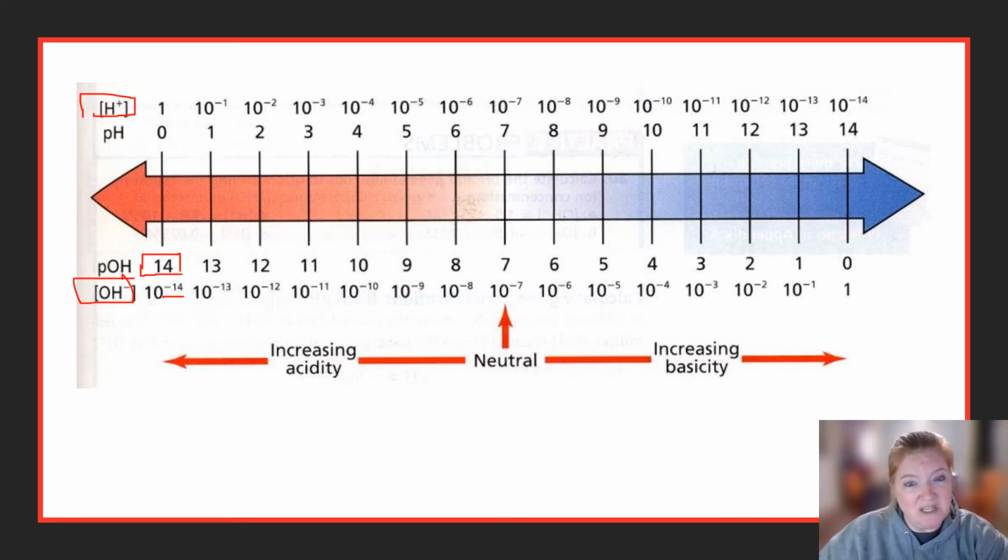All that changes is the amount. So you can see a pH of 7 came from a hydrogen ion concentration of 10 to the negative 7. pH of 2, concentration of 10 to the negative 2. So you can kind of see where the logarithm factor comes in.